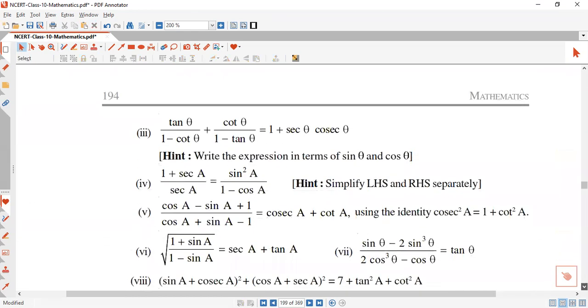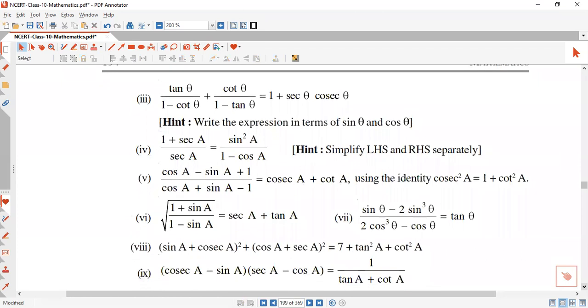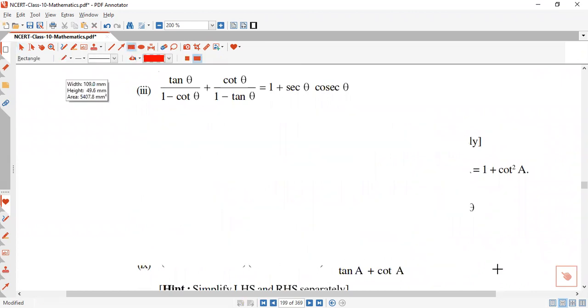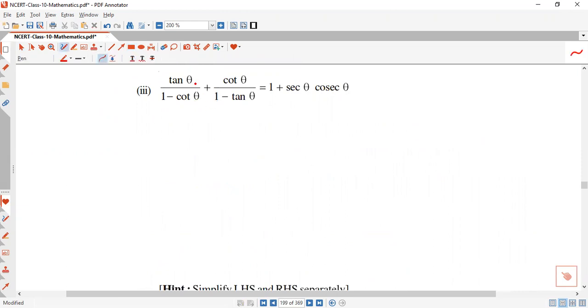Now we want to solve these questions. Third part. See here again, tan theta and cot theta terms are there. First of all, I will convert the terms in the left hand side into sin theta and cos theta terms.